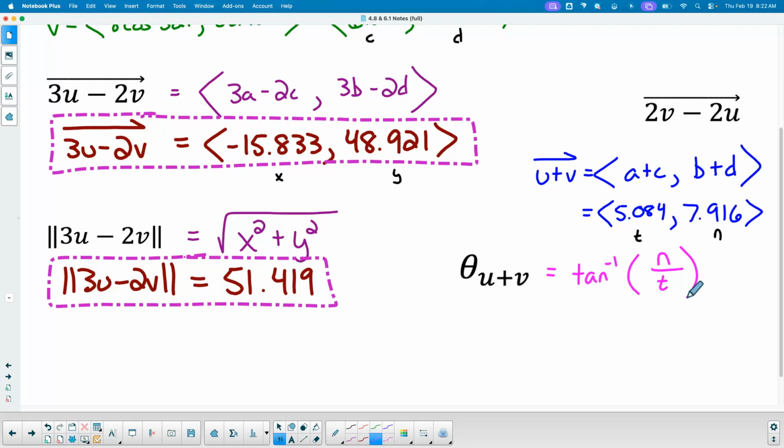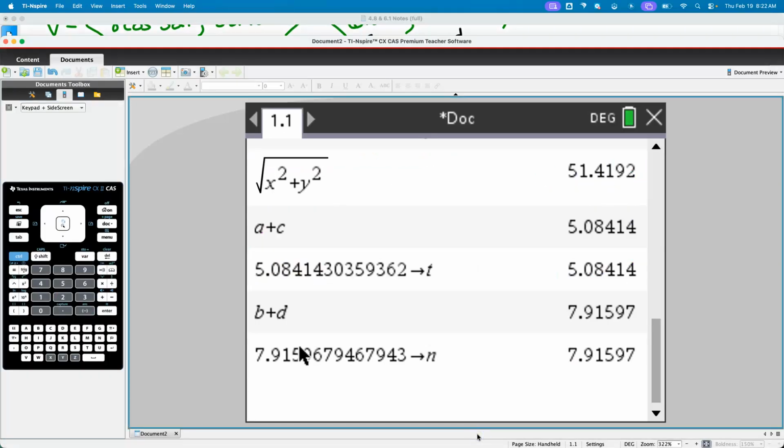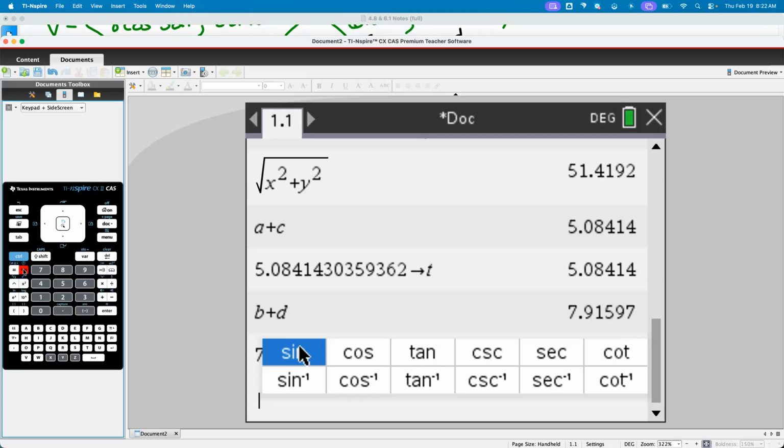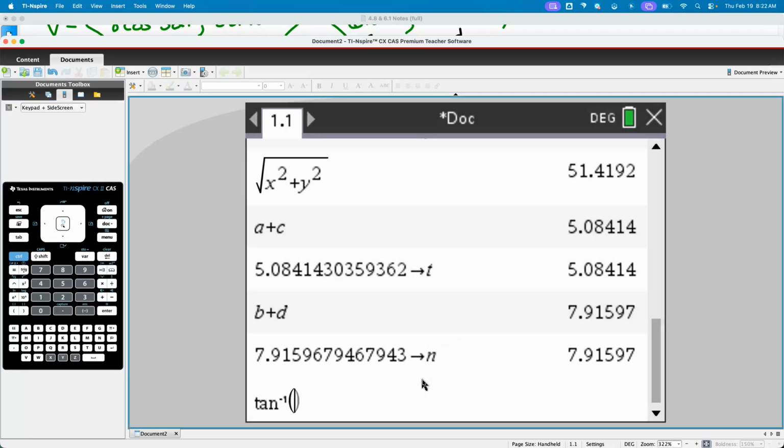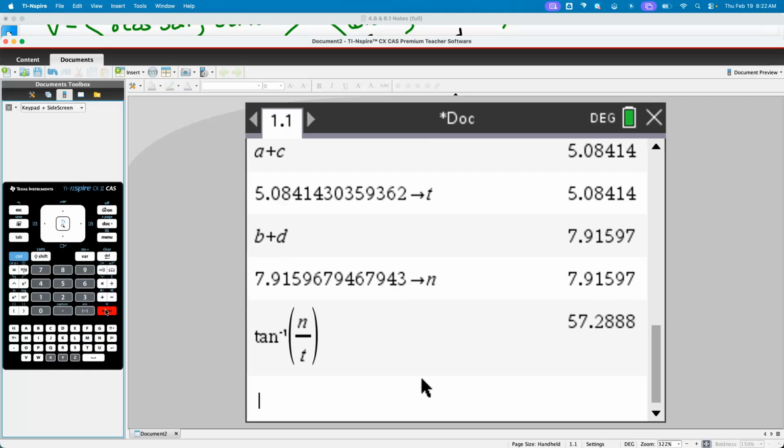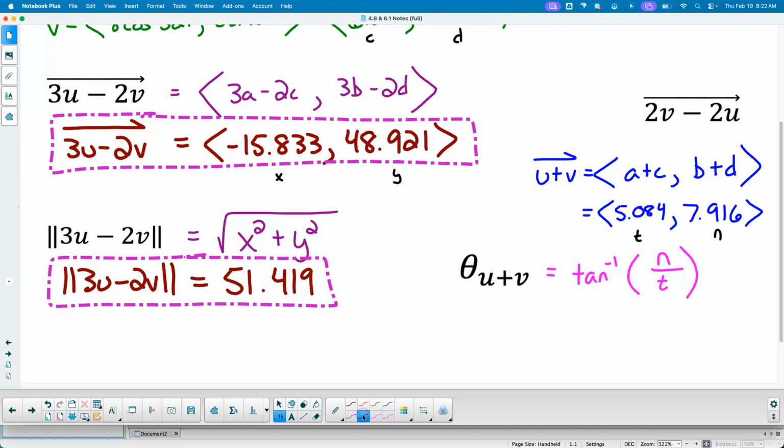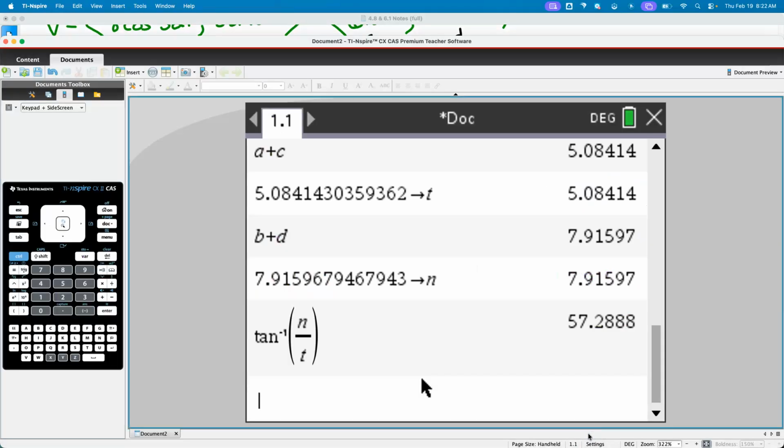On my calculator, I just have to go trig, inverse tangent of n divided by t. And I get 57.289 degrees.